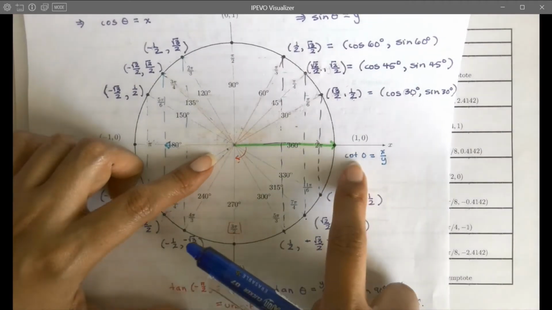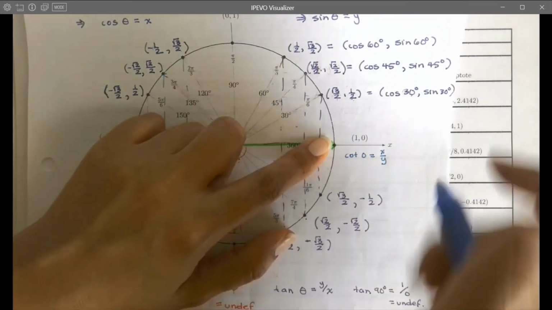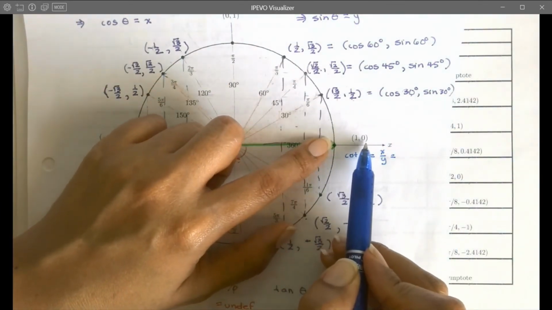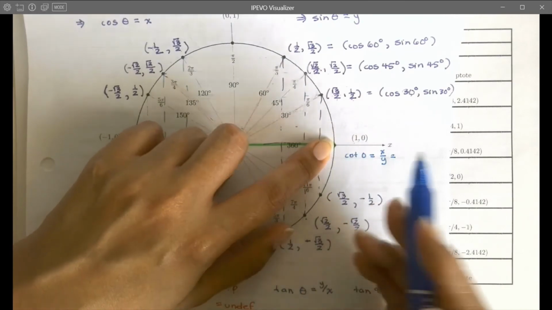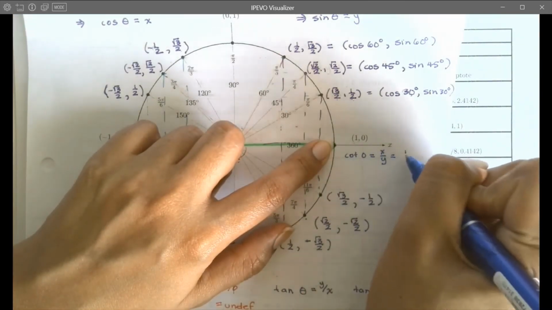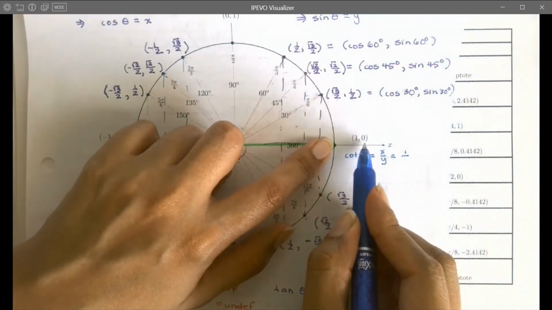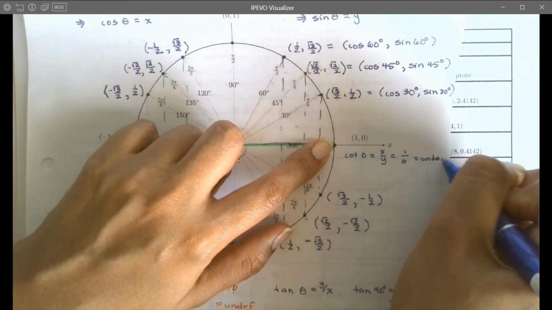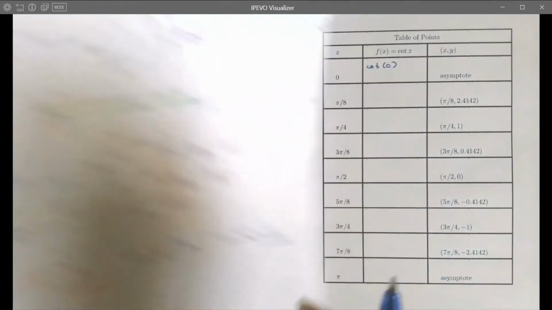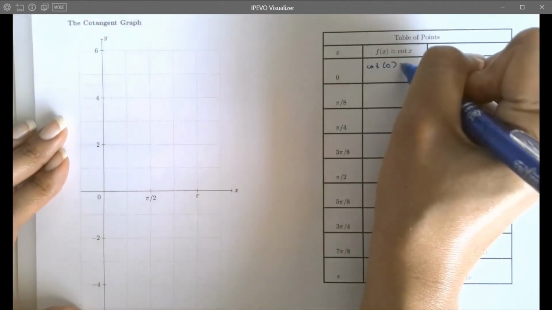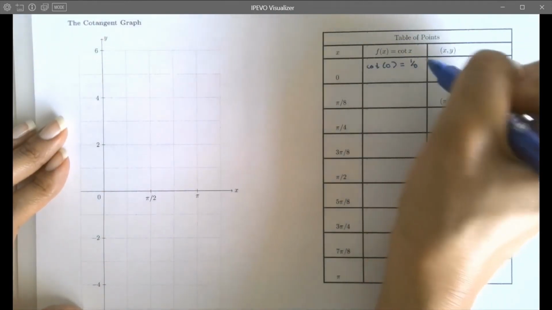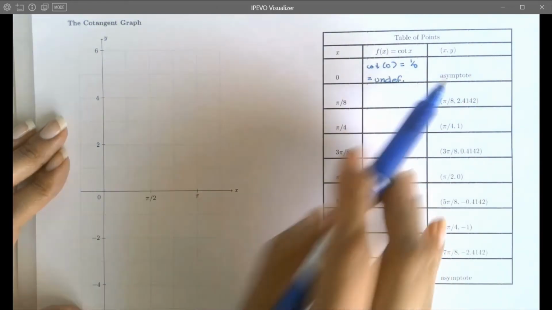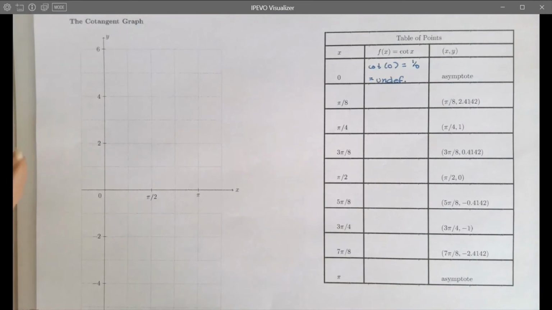So cotangent will be x over y, and if you look at the values of x and y, we get an x value of 1 and a y value of 0. So this is going to be undefined. Okay, so here I'm going to write it down, this is a 1 over 0, which is undefined. And that corresponds to an asymptote.